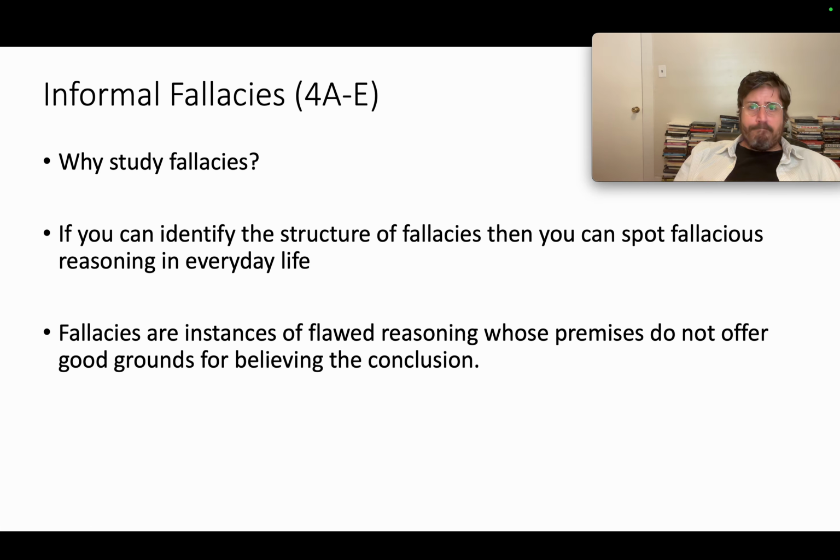And we had a look at the formal structure of arguments and came to learn that arguments which are valid include a kind of inference, right? There's a kind of chain of reasoning in which the premises have a logical connection to the conclusions.